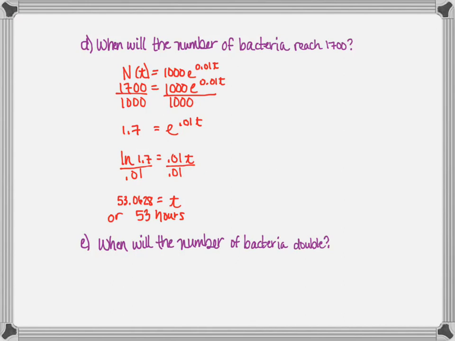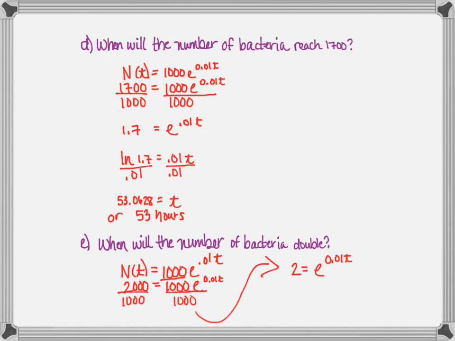Finally, when will the number of bacteria double? Our starting formula was N(t) = 1000e^(0.01t). If 1000 doubles, it will become 2000. So let's put 2000 in for N(t) and solve for t like we just did. We'll divide both sides by 1000, and we'll get 2 = e^(0.01t).